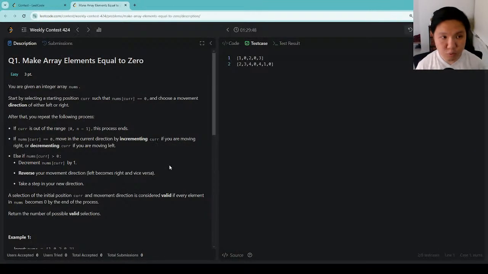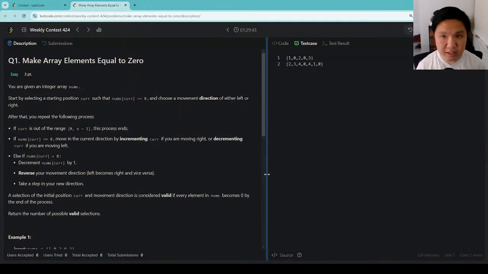Let me see here. First question: you're given an integer array nums. Start by selecting a start position cur such that nums[cur] equals 0. Okay, we define a movement direction of either left or right.